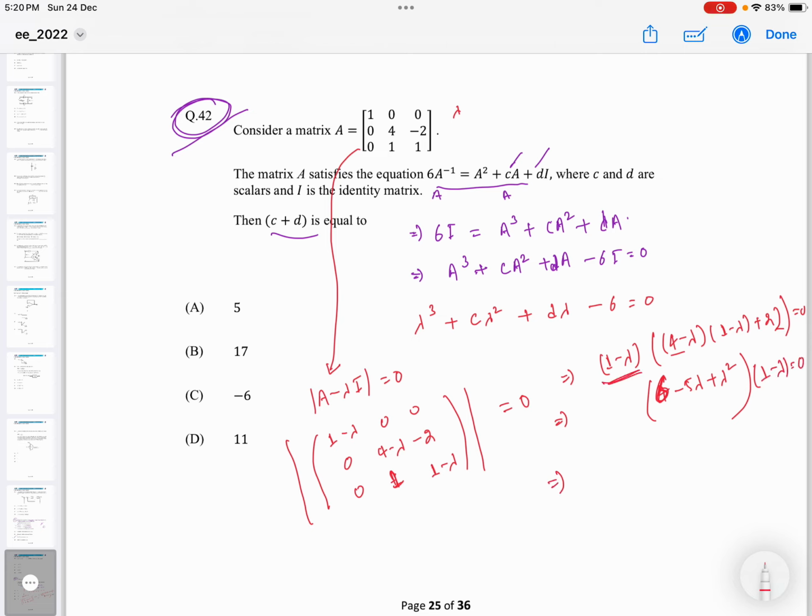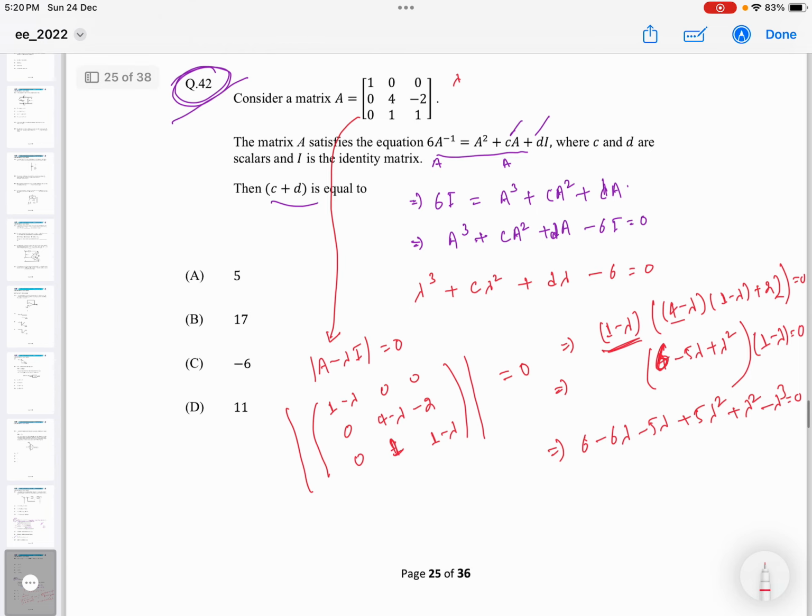Doing the multiplication, we get 6 minus 6 lambda minus 5 lambda plus 5 lambda squared plus lambda squared minus lambda cubed equal to 0. Putting everything on the right-hand side, it will be lambda cubed minus 6 lambda squared plus 11 lambda minus 6 equal to 0.